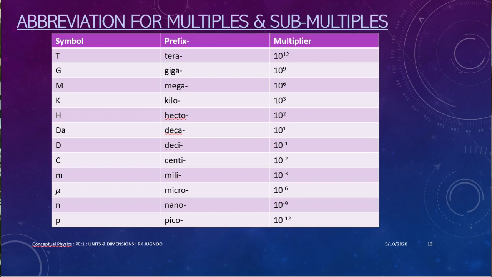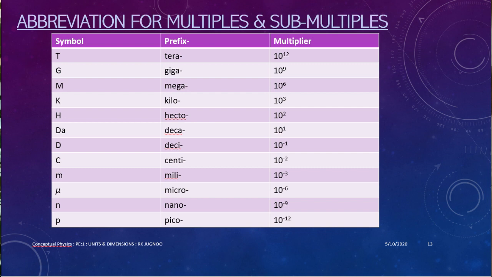So let's start from here. I think this is the time to show you the slide. Here is the slide. The symbol is written on the left side, the prefix in the middle, and the multiplier on the right side.